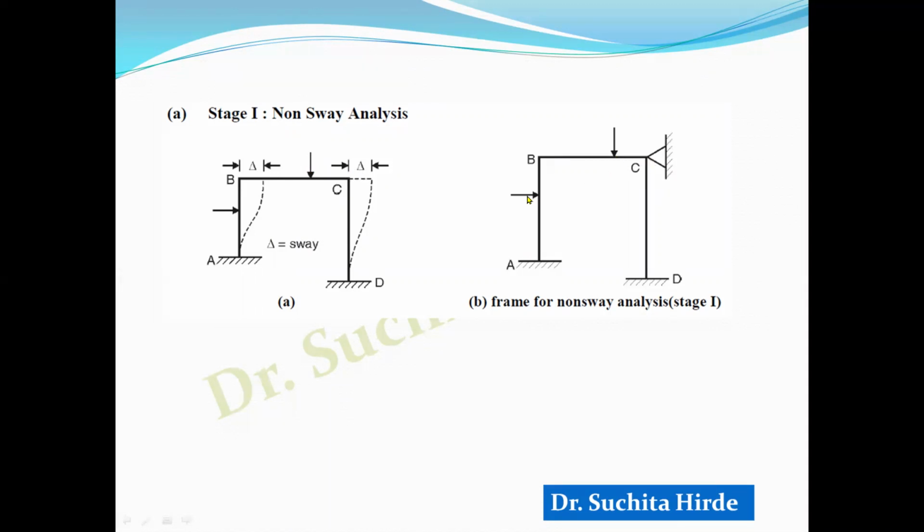We consider only the fixed end moments due to the loads and carry out our usual moment distribution analysis, and we calculate the moments developed due to the loads. So this is stage 1.